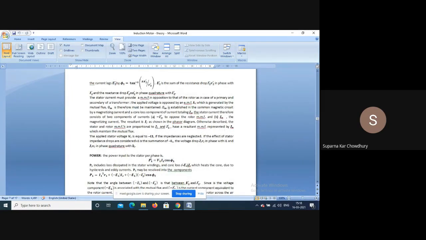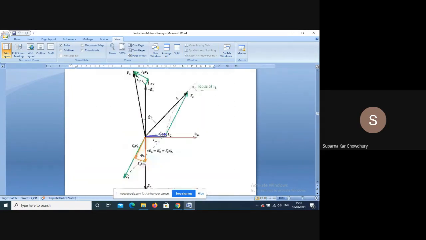Now this input power, from this equation, you see that power is defined as V1 I1 cos Phi1. So it is V1 into the component of the current along the voltage, or it can be explained as I1 into the component of voltage along the current. So we can say that V1 is the summation of minus E1, I1 R1, I1 X1.